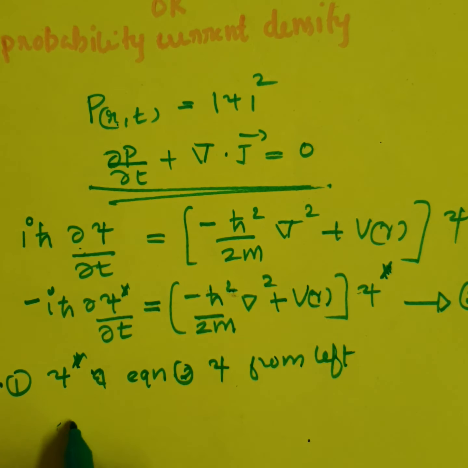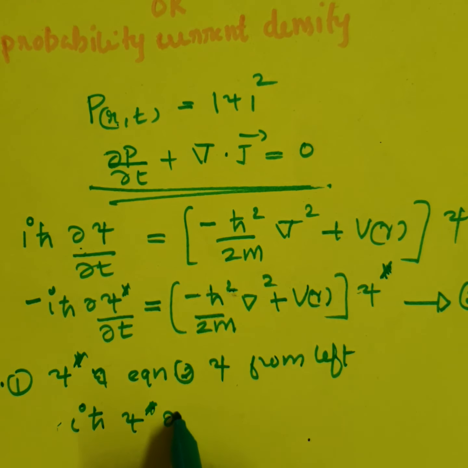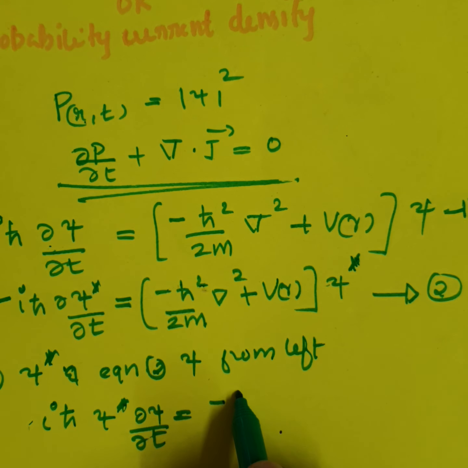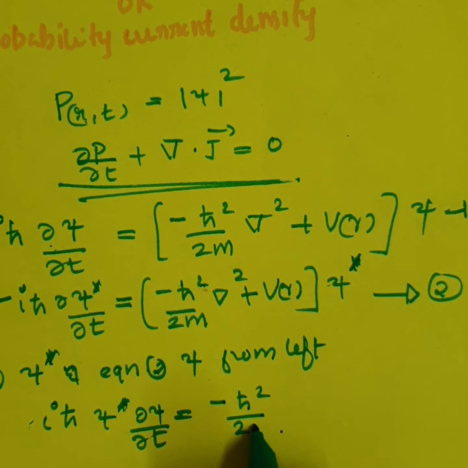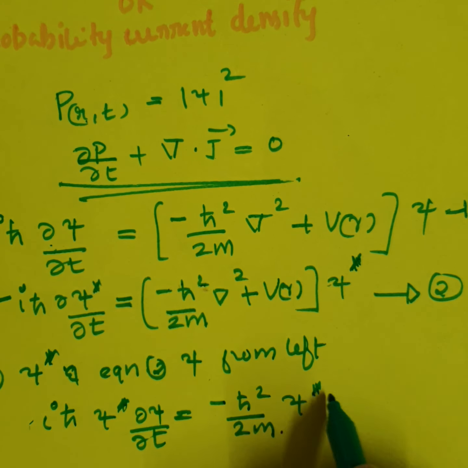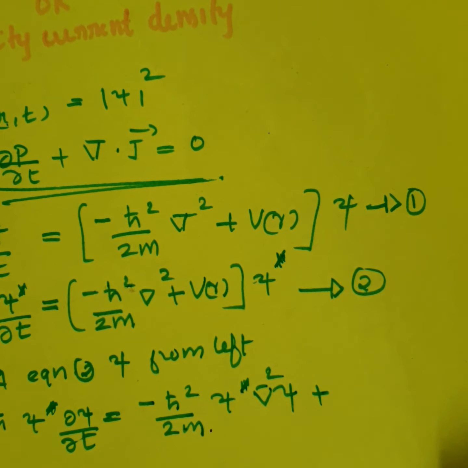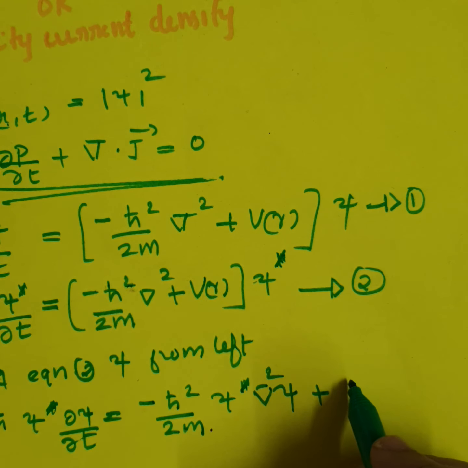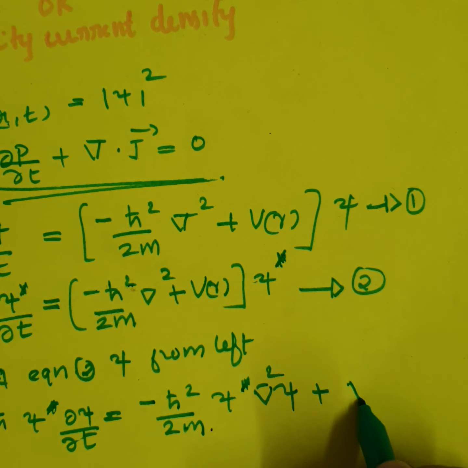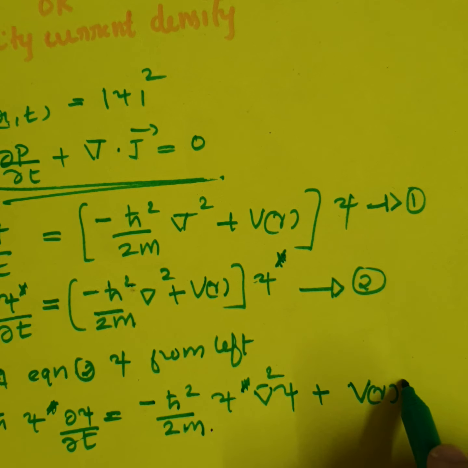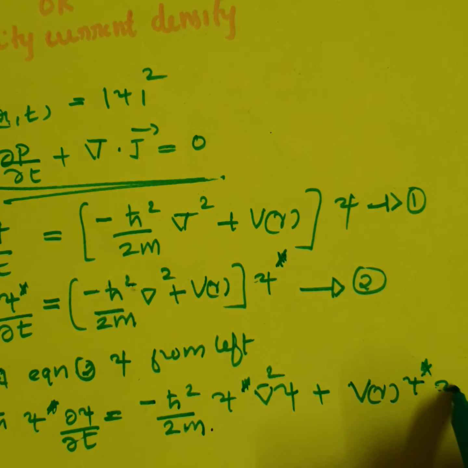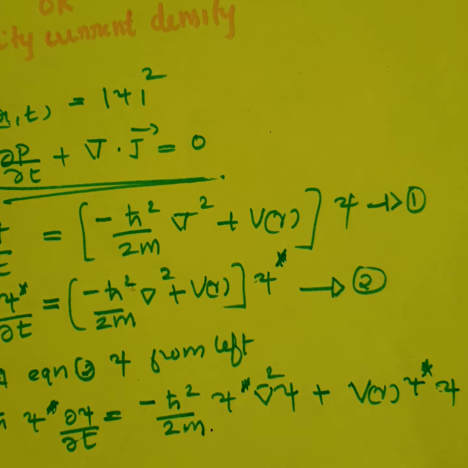Then equation 1 becomes iħ ψ* ∂ψ/∂t equals minus ħ²/2m ψ* ∇²ψ plus V ψ*ψ.